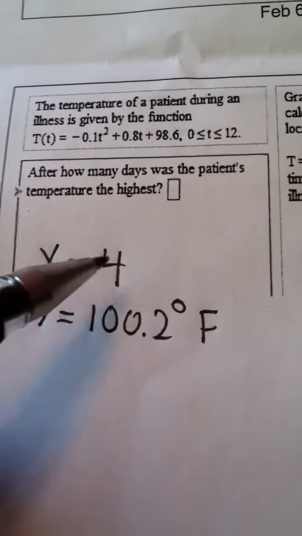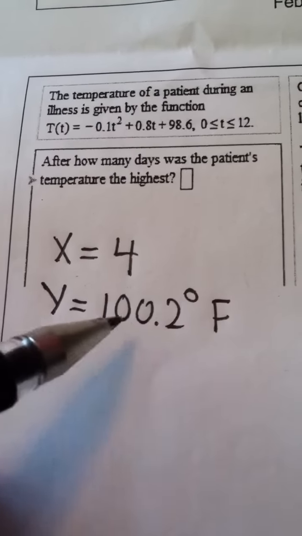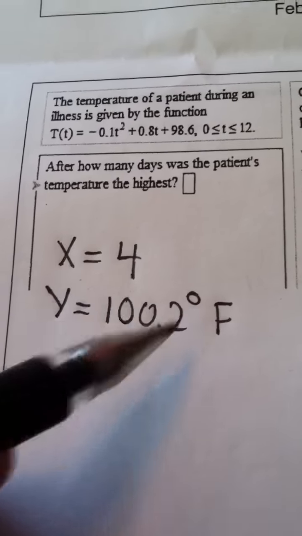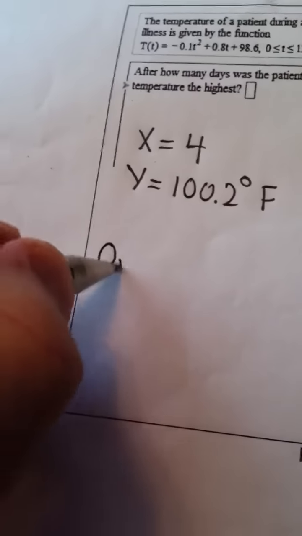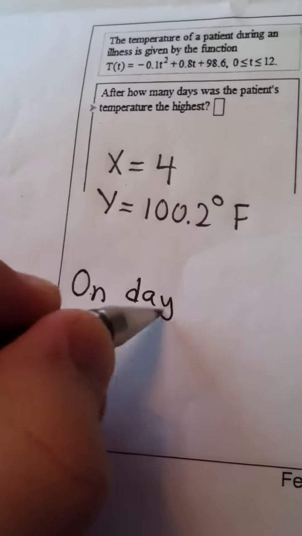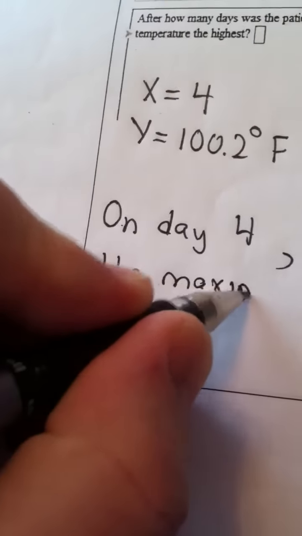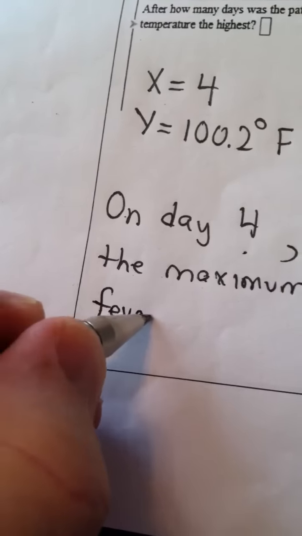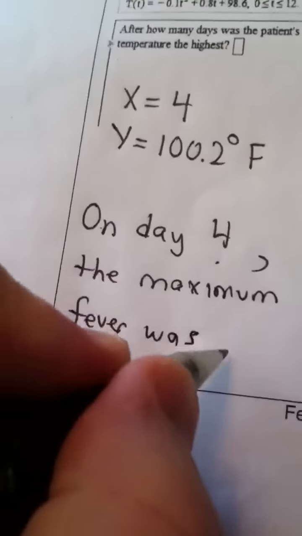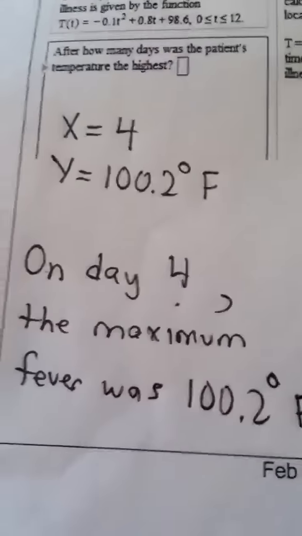Input was the day the fever occurred, and output was the actual temperature. So basically what happens here, what I can write is on day 4, the maximum fever was 100.2 degrees. And we're done.